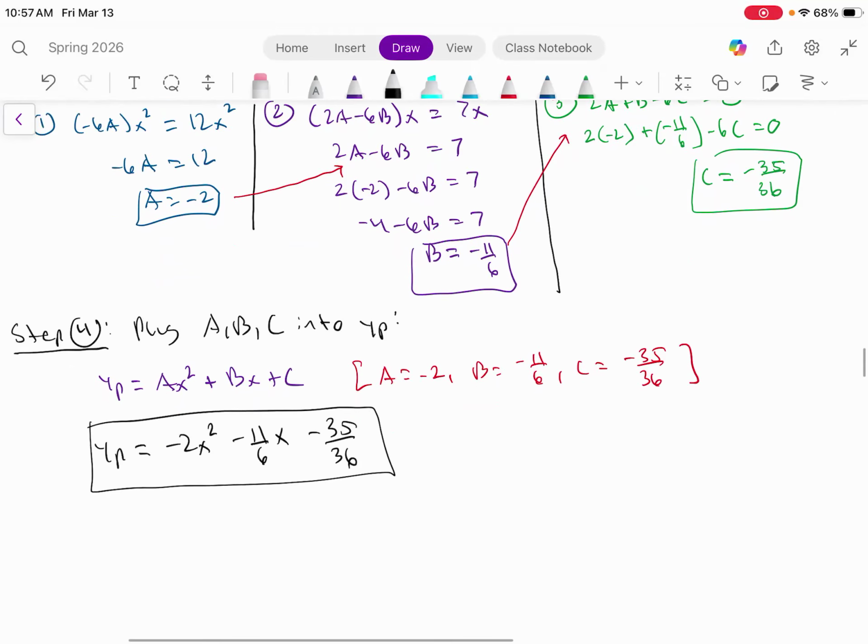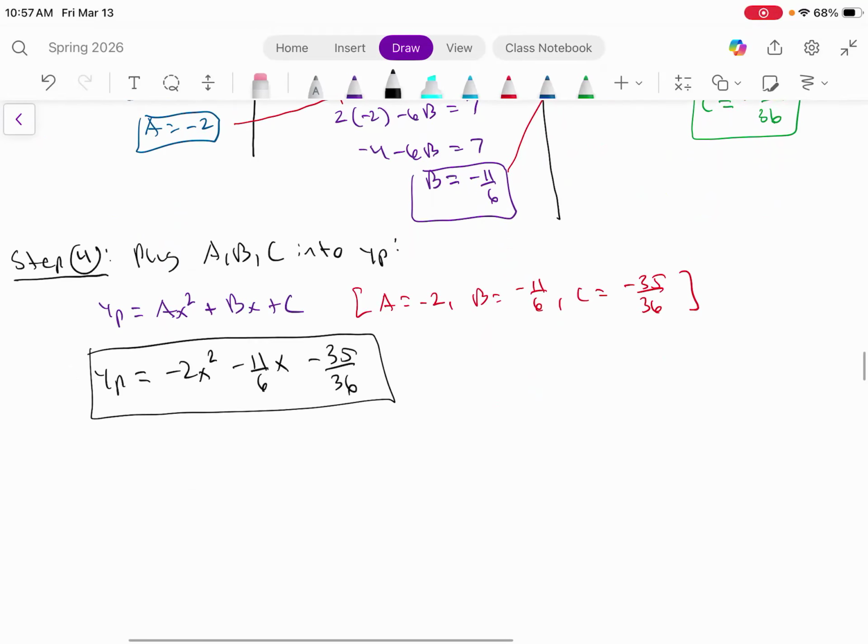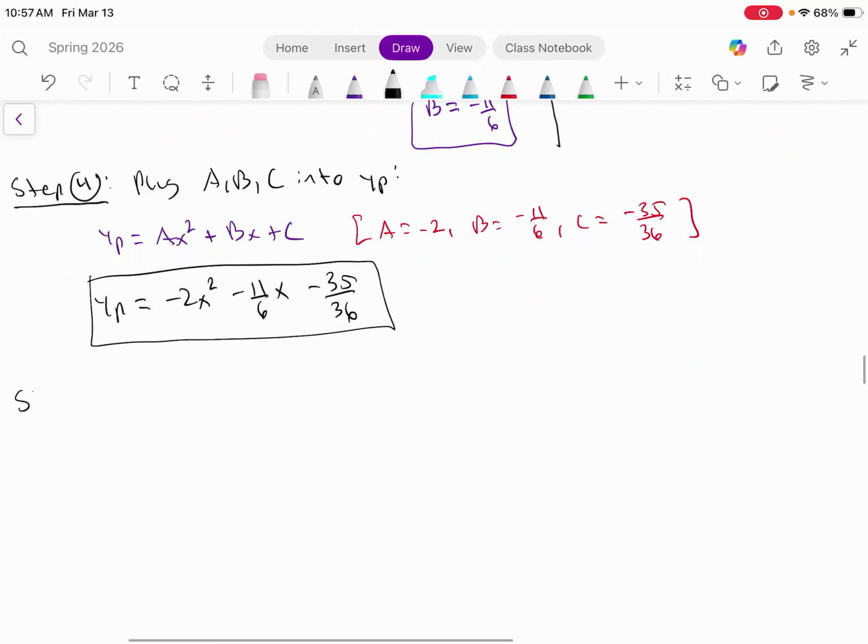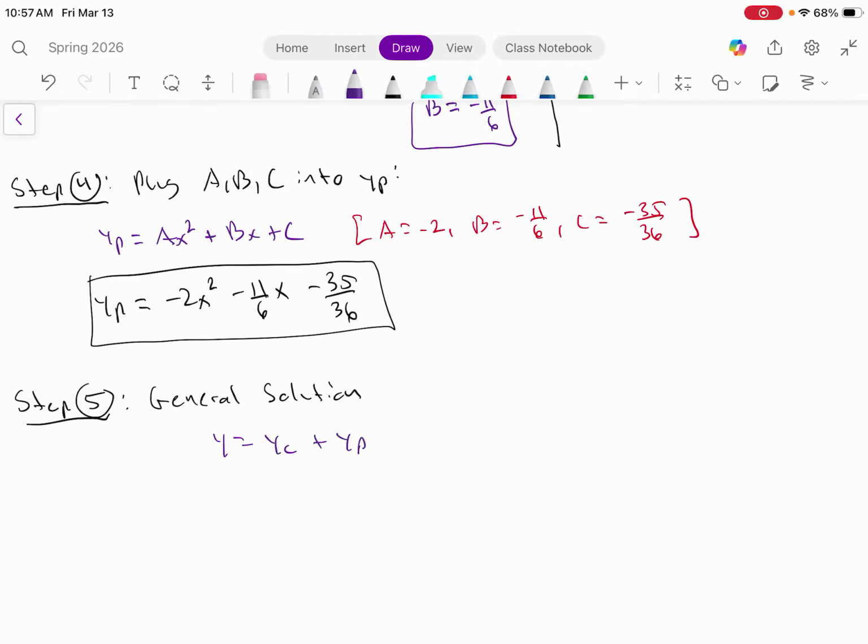So putting this all together for our final general solution, remember it's y equals our homogeneous plus our particular solutions.